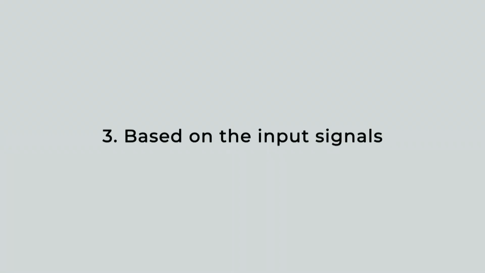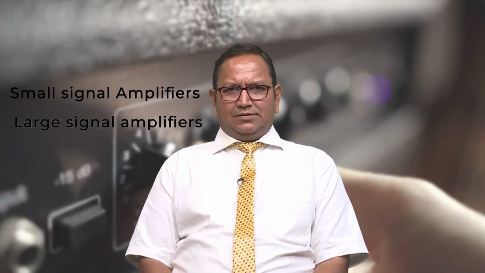Third one is amplifier classification based on the input signal. Depending upon the magnitude of the input signal applied, they can be categorized as small signal and large signal amplifiers.